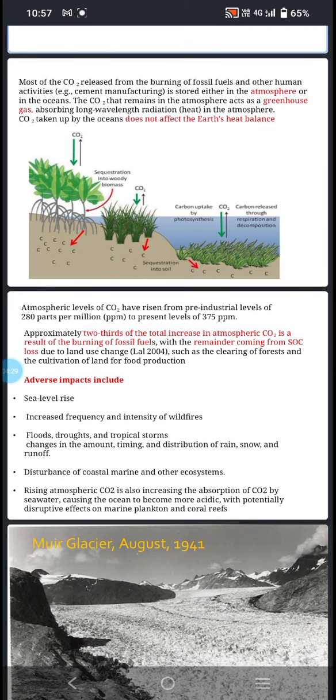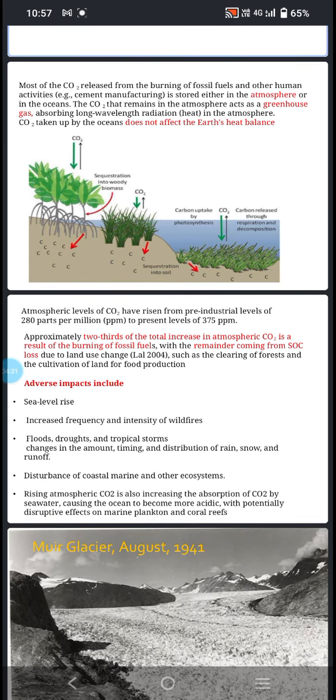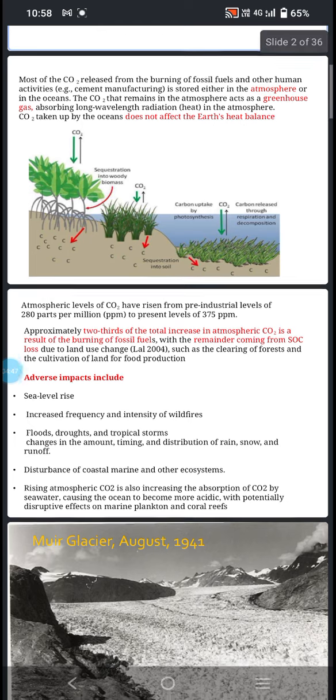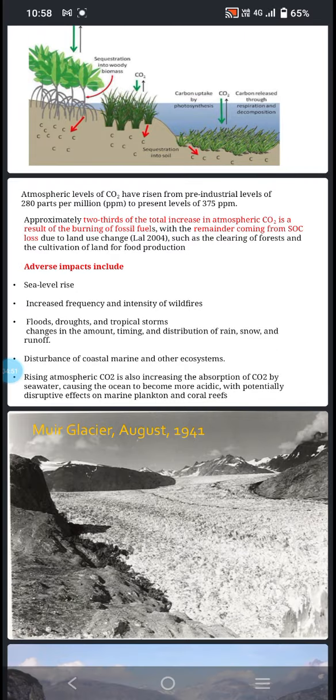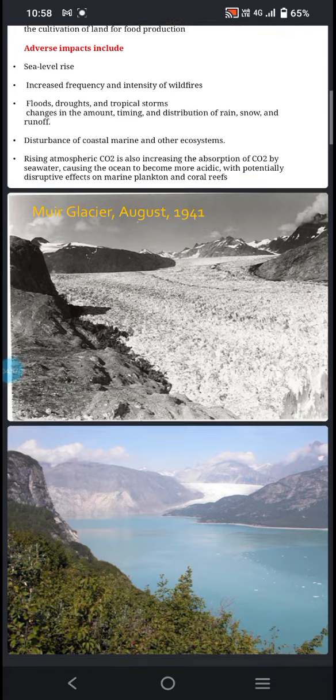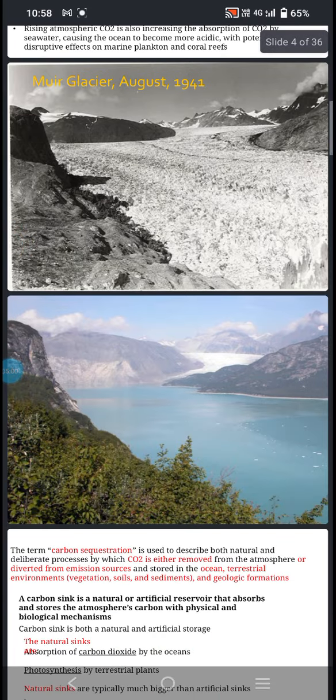Due to rising CO2 levels, sea level rises and the ocean becomes more acidic, and marine plankton and coral reefs face destruction. This is the Muir Glacier in August 1941. Look at the picture to see how it is affected by CO2 levels, with melting of snow.